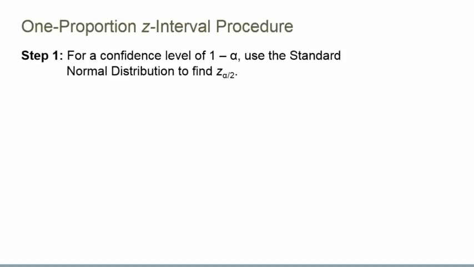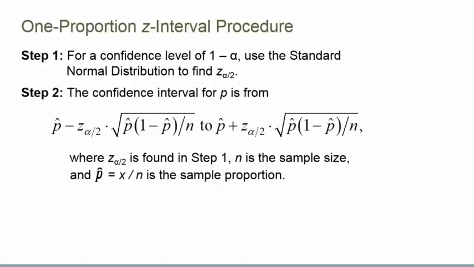One proportion z-interval procedure. Step 1. For a confidence level of 1 minus alpha, use the standard normal distribution to find z sub alpha divided by 2. Step 2.